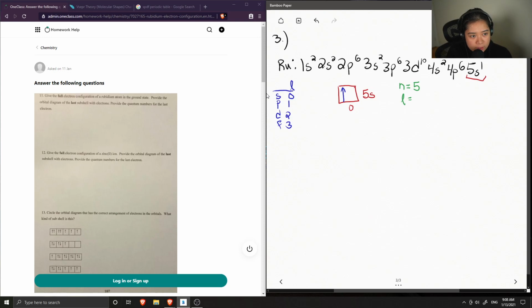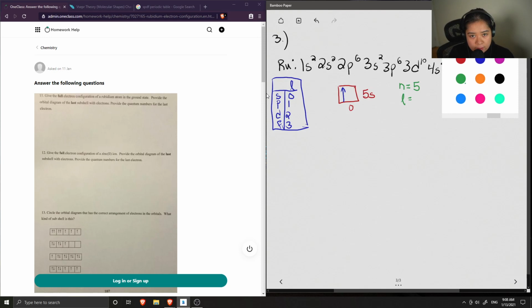So since we're in the S block, then our L value would be 0. And because our L value is 0, our ML value can only be 0 as well.